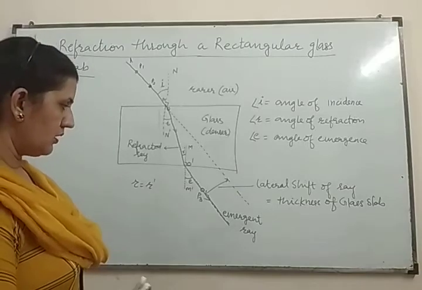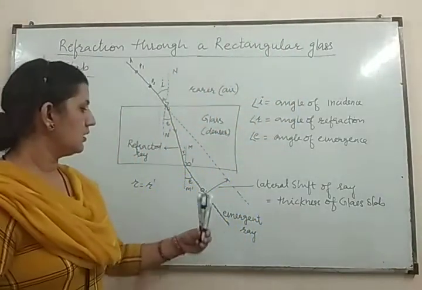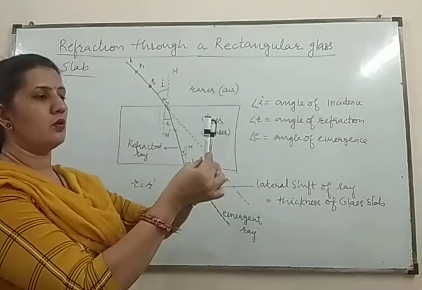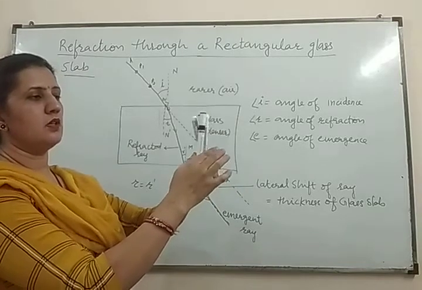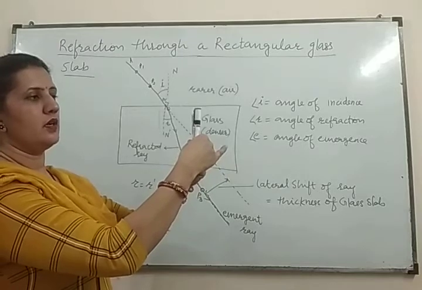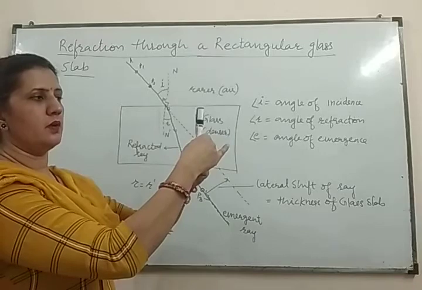Again, insert one more pin, and find the place where all these pins overlap each other. You have to make the arrangement so that only one pin is visible to you. These are four pins, but one pin is visible.